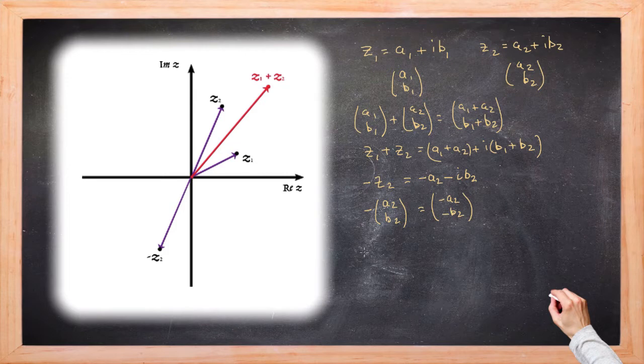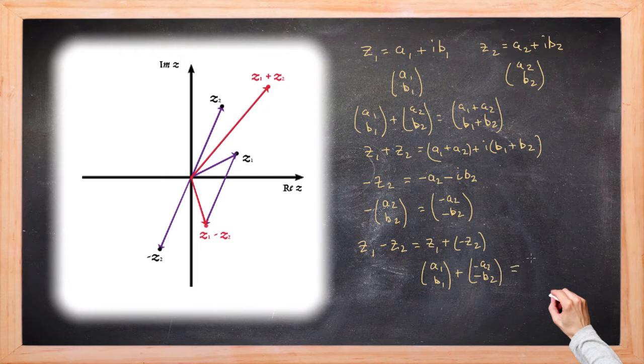And that therefore leads us to the fact that z1 minus z2, which we can think of as z1 plus the negative of z2, and you think of the associated vectors there, we have a1, b1 for components, plus negative a2, negative b2 for components.